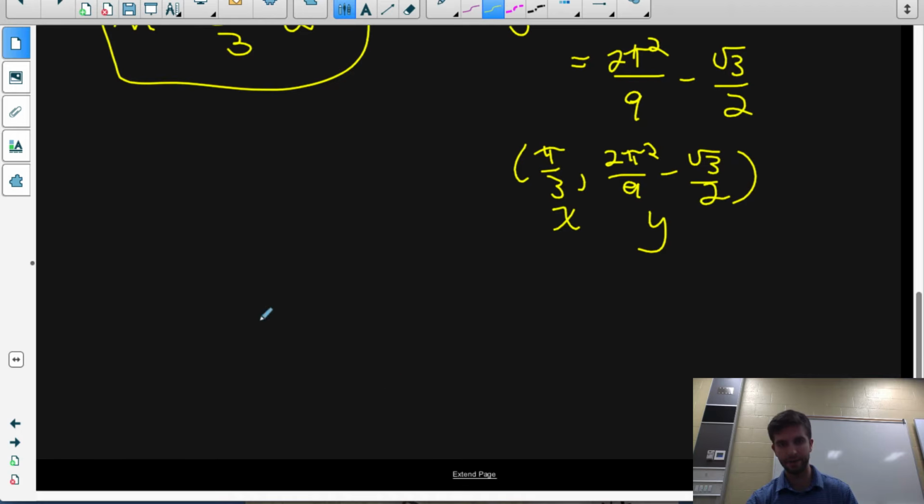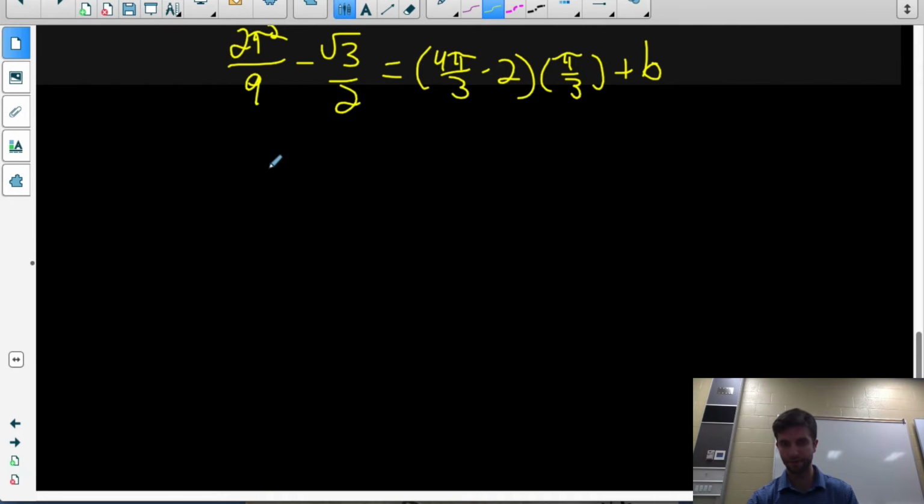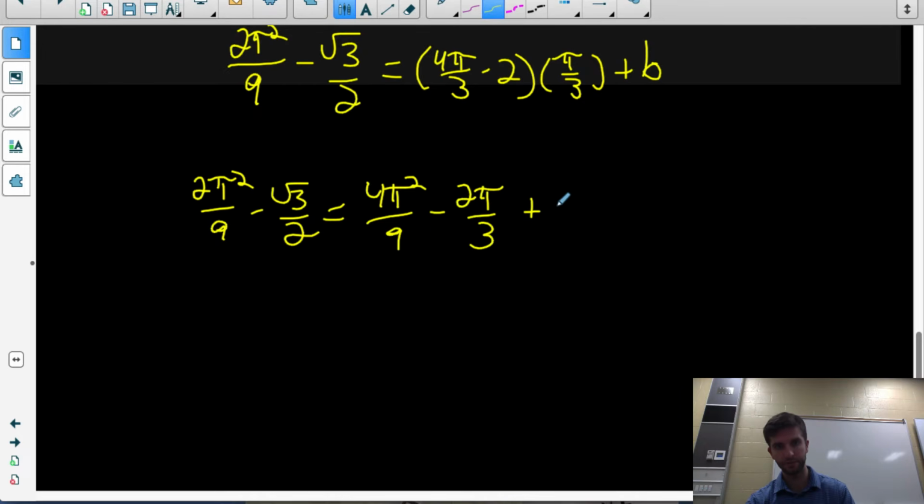So I can now find the equation of the tangent line by solving for the y-intercept in the equation y equals mx plus b. We'll plug in our y, our x, and our m, and then we can solve for the b value. Now we just have to isolate this for b. I'm not going to worry about making it look nice and simplifying it up. Let's just get a value for b. So I've got 2 pi squared over 9 minus root 3 over 2 equals, I'll distribute this pi over 3 in and get plus b.